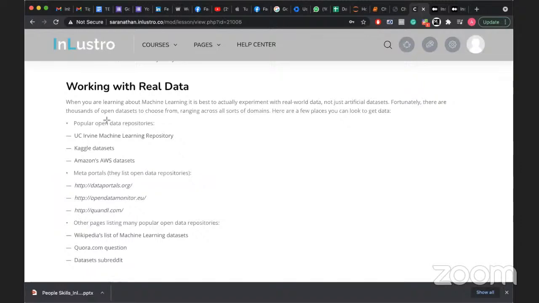Some of the places that you can look at are popular data repositories, right? Examples are Irvine Machine Learning Repository, Kaggle data sets, or Amazon AWS's data set.